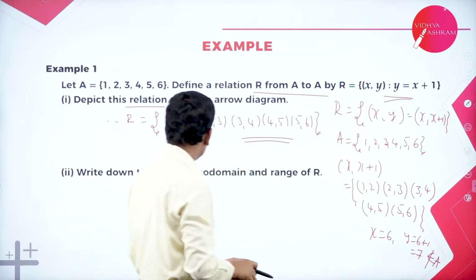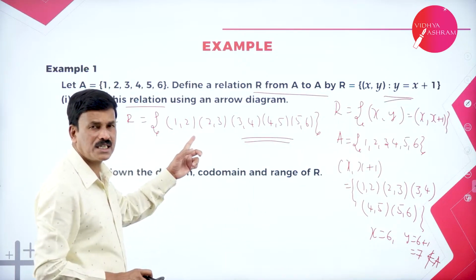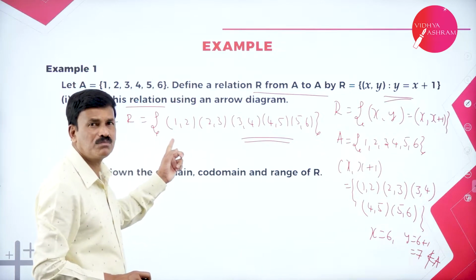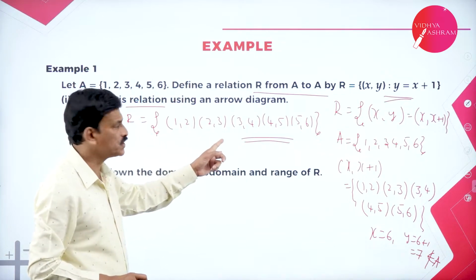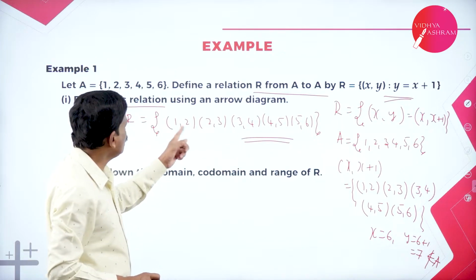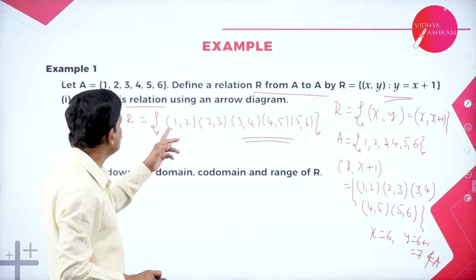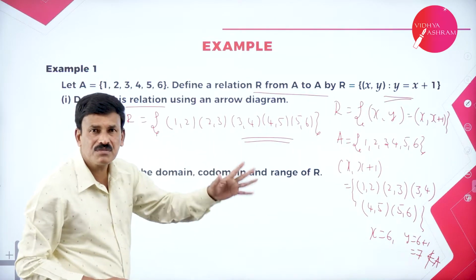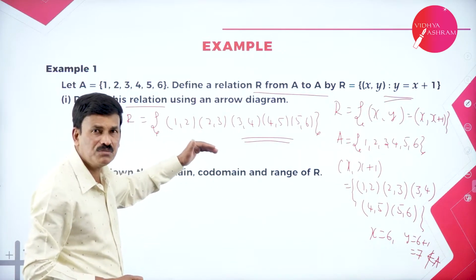That means the second element is 1 greater than the first element: 1 plus 1 is 2, 2 plus 1 is 3, 3 plus 1 is 4, 4 plus 1 is 5. That is why this is the relation from A to A.